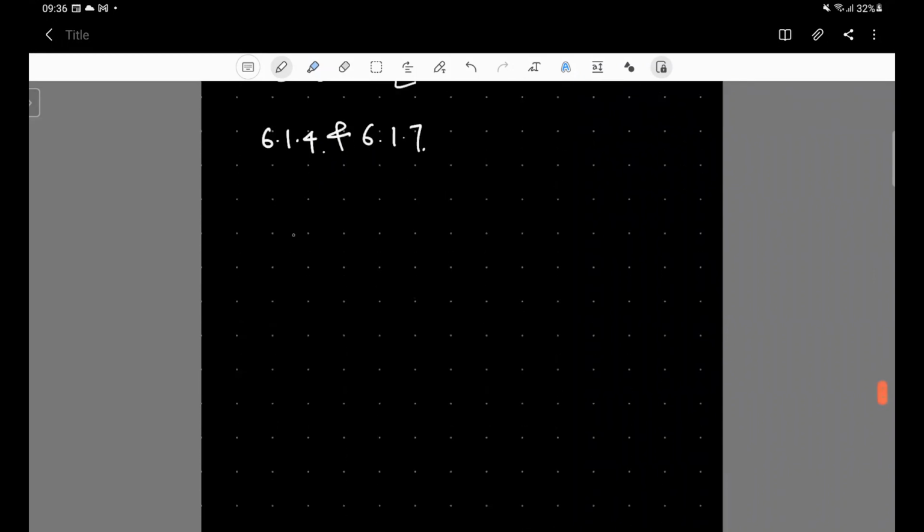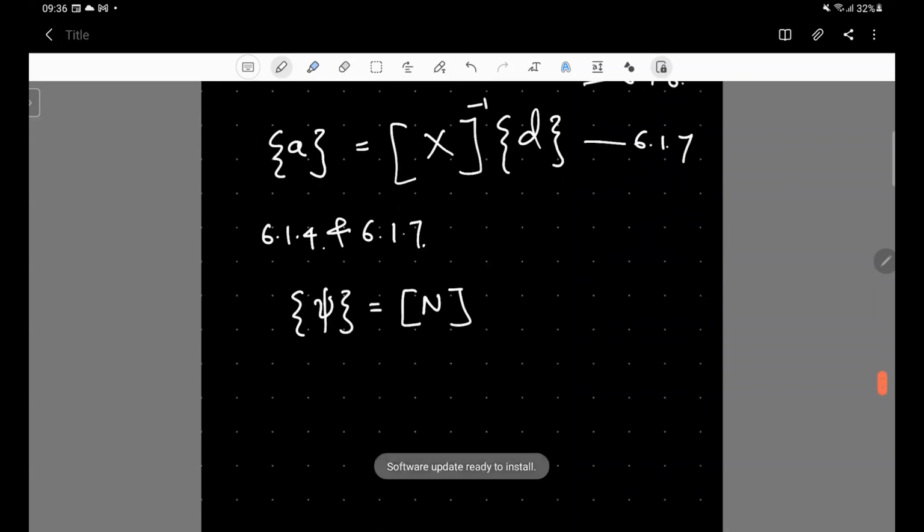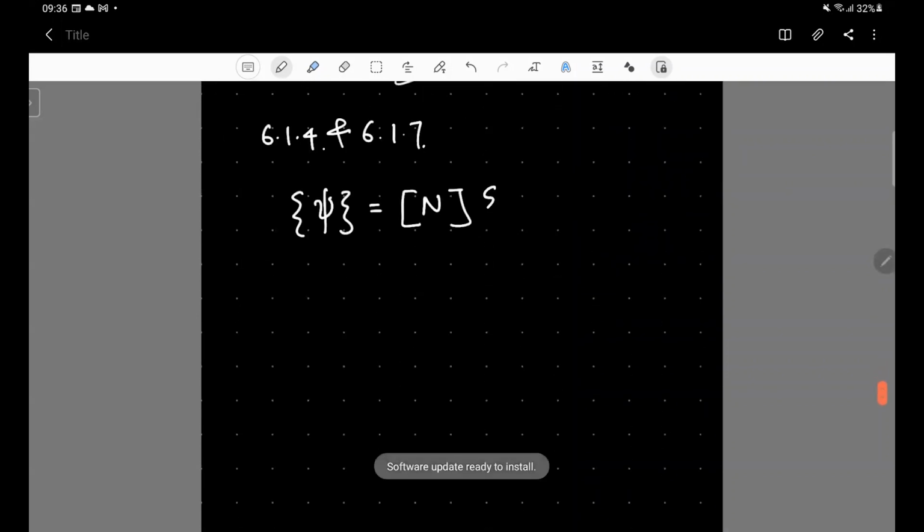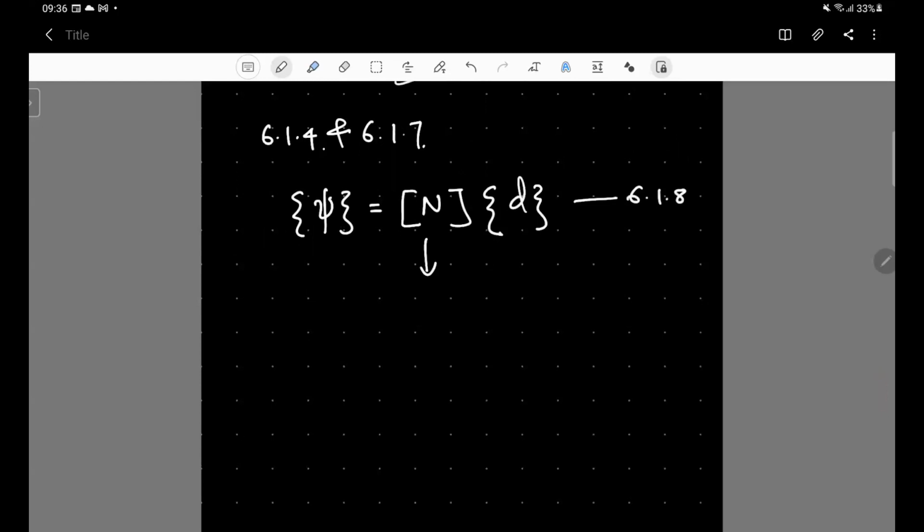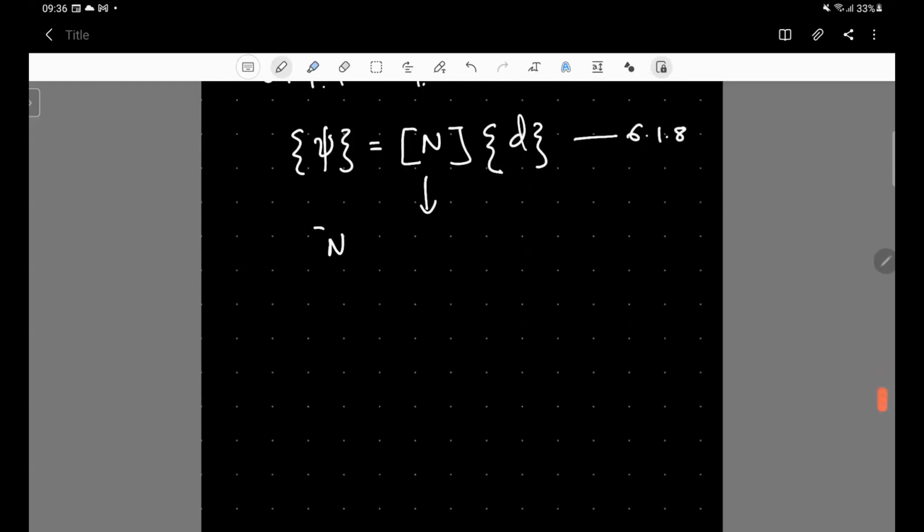If you do the substitution, we can write the displacement function as the shape functions multiplied by the displacement vector, where the displacement vector can be defined using the terminologies which we used in the previous session.